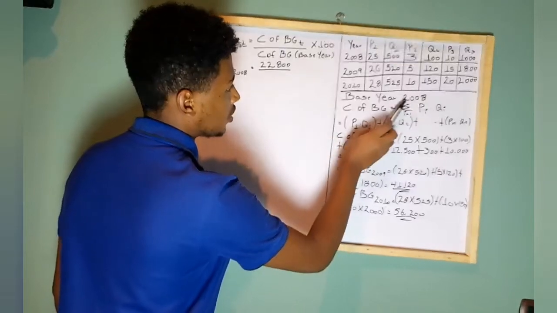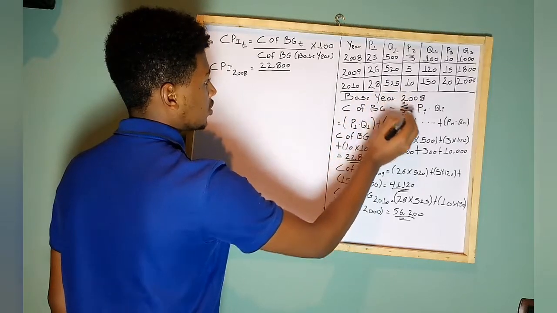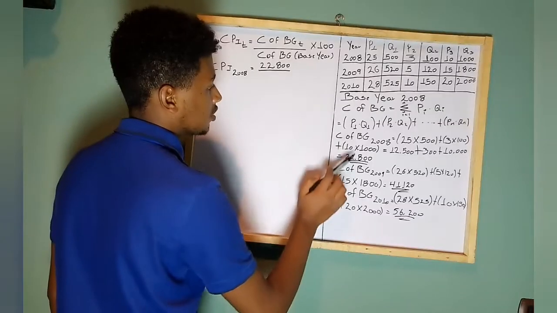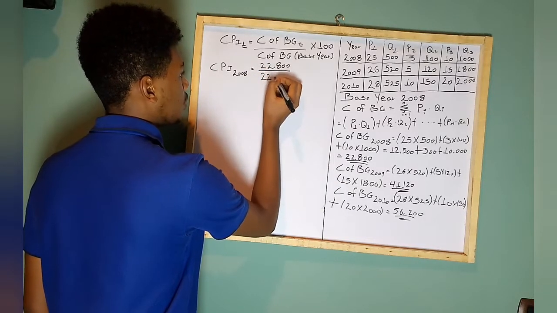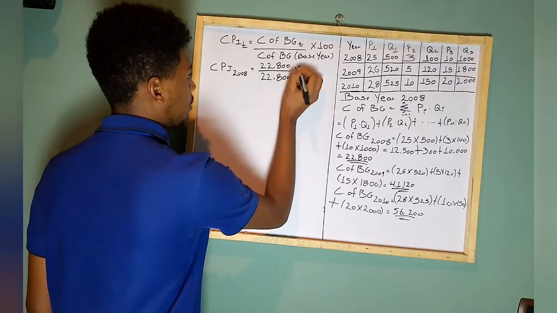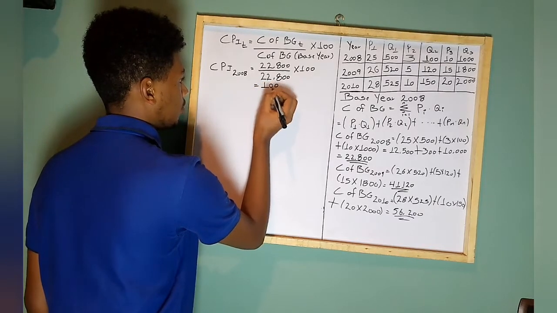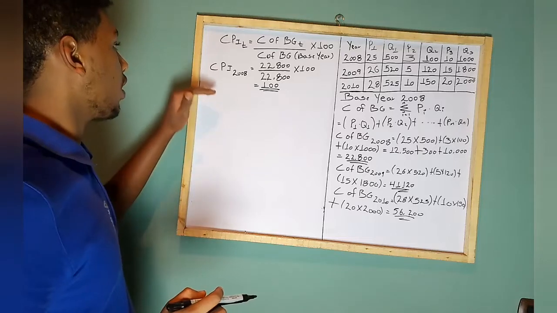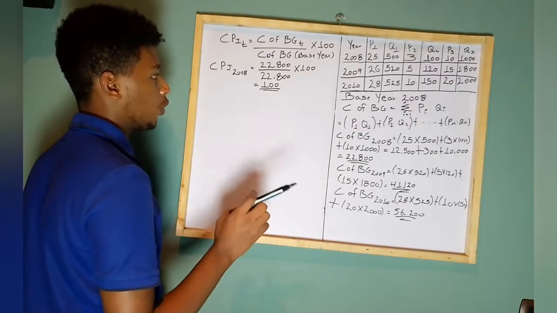The base year is given right here, it is 2008. Therefore, if the base year is 2008, it is the same as this one. Therefore, there is 22,800 divided by 22,800 multiplied by 100. This means 100. Therefore, we can conclude that the consumer price index of the base year is always 100. Don't forget this. The consumer price index of the base year is always 100.